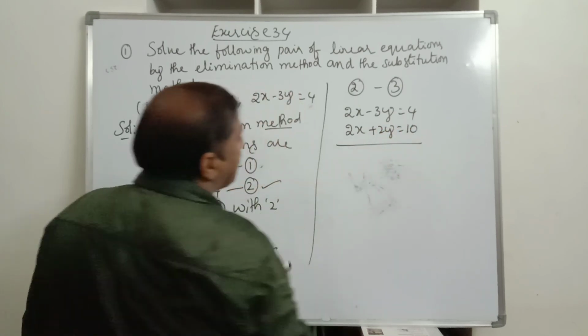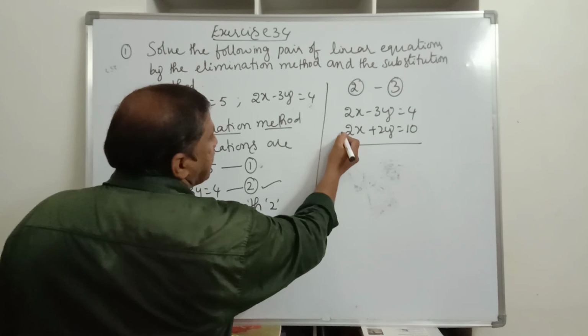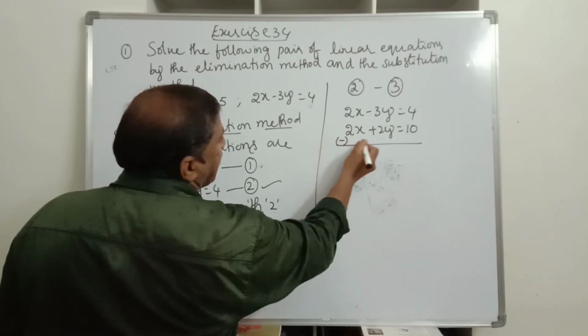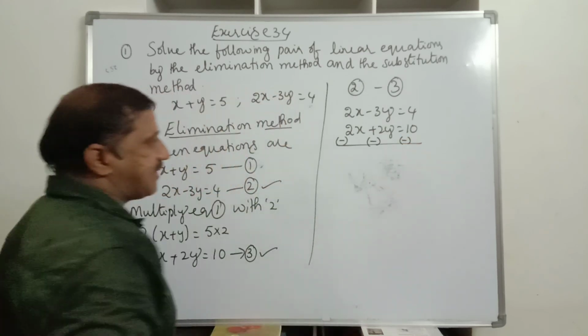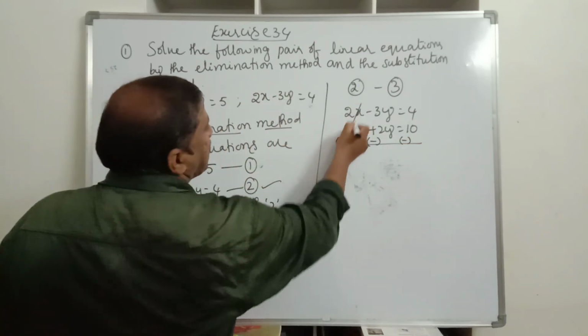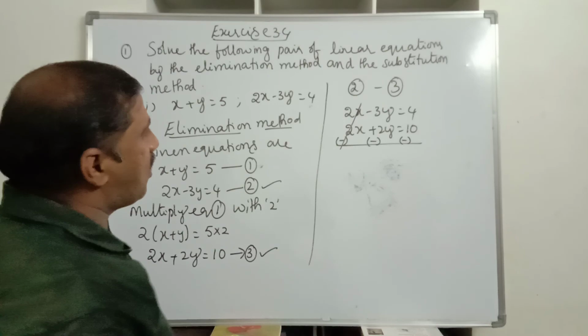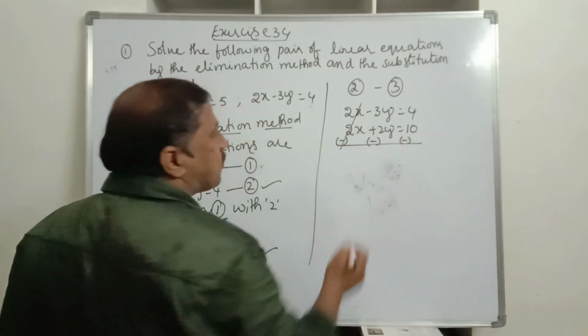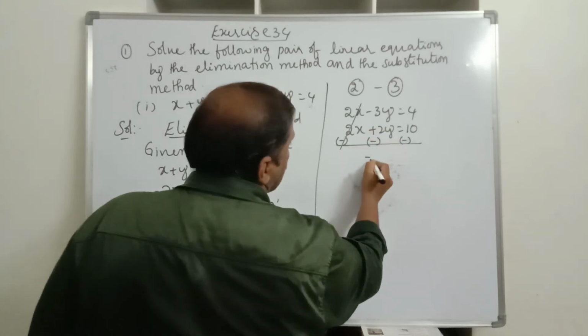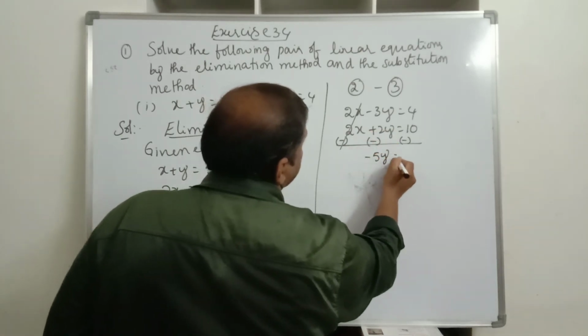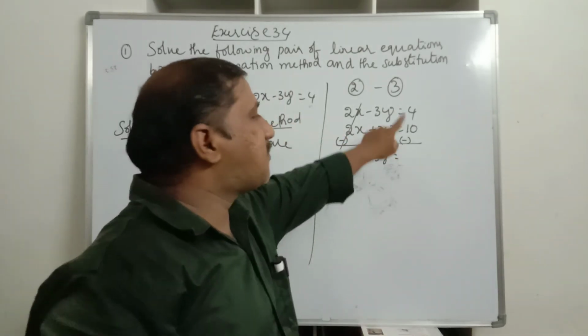Now we are subtracting. While you are subtracting, what will happen? The signs will change, minus becomes plus, and plus will become minus. Now plus 2x and minus 2x both are cancelled, we get 0. Then minus 3y minus 2y, same signs are there, add the numbers, we get minus 5y is equal to minus 10 plus 4.